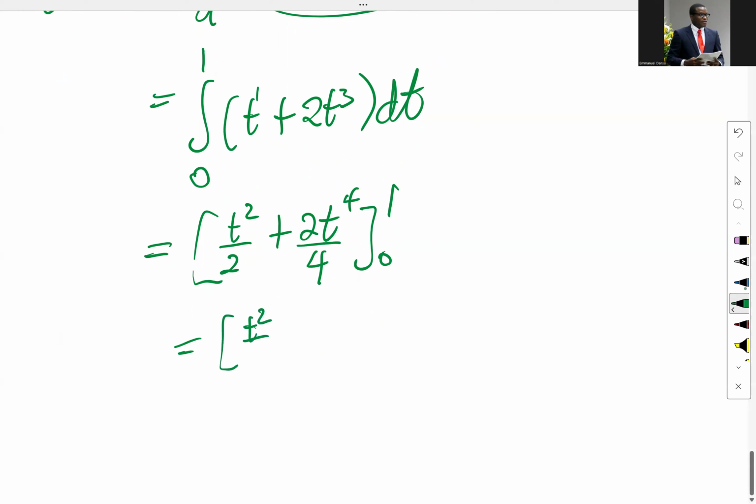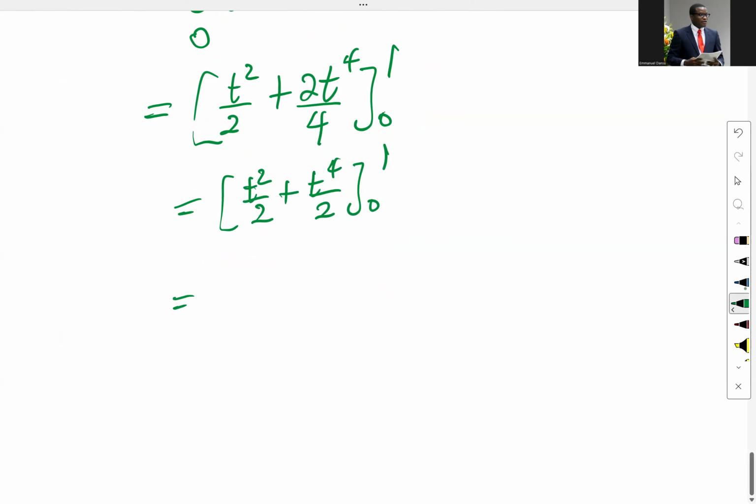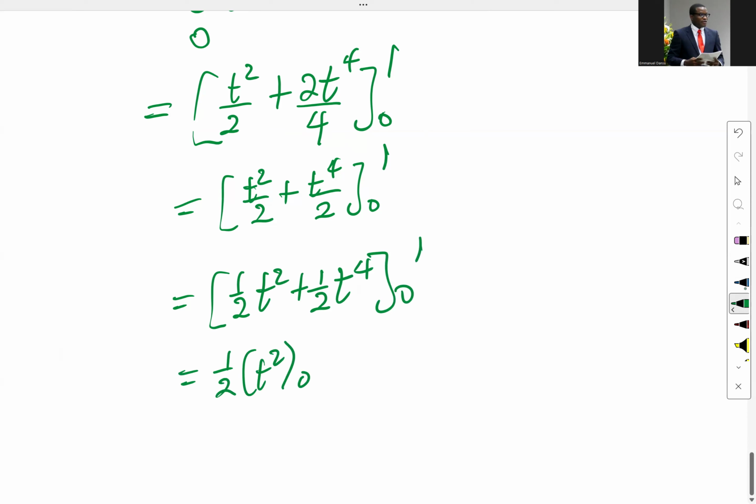Like I like to do, this is t squared over 2 plus t^4 over 2, again from 0 to 1. You can split it apart, or better still, have half t squared plus half t raised to power 4 from 0 to 1. So we have half t squared from 0 to 1 plus half t^4 from 0 to 1.